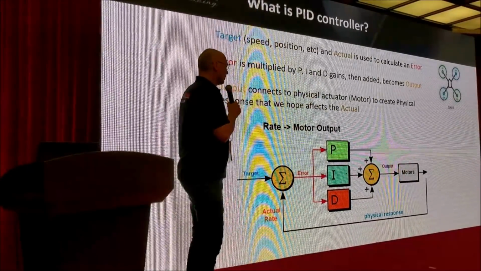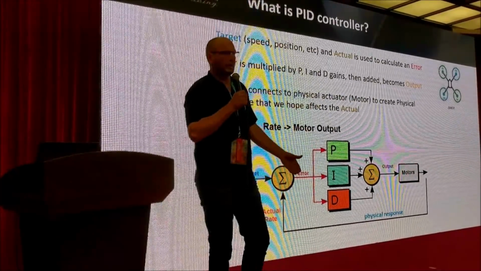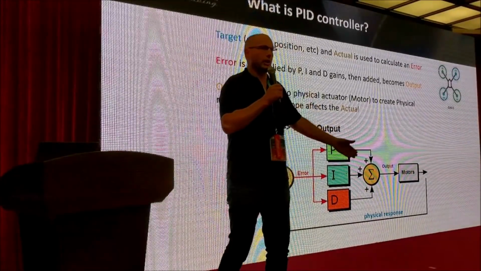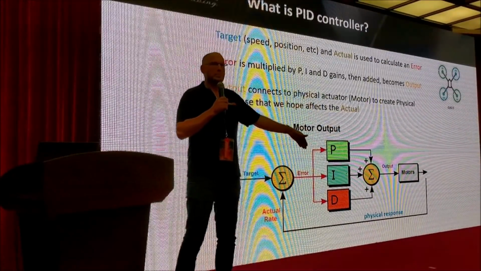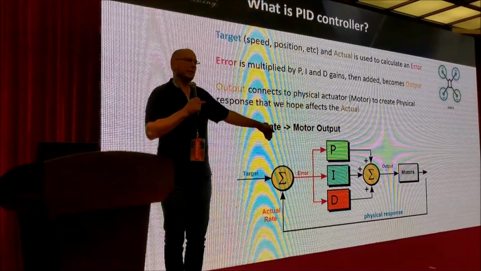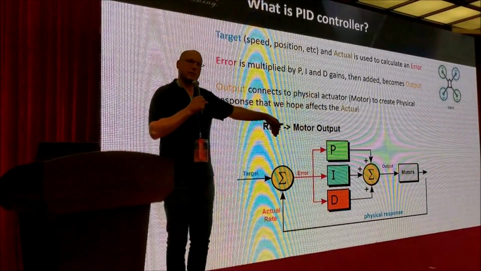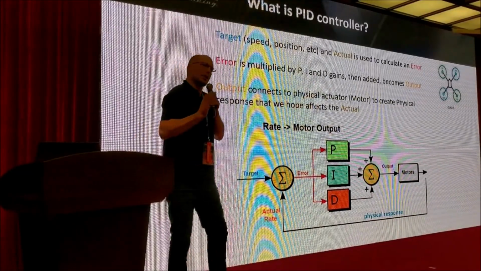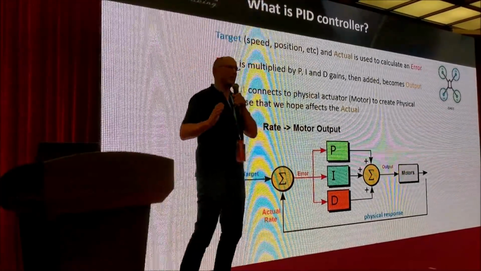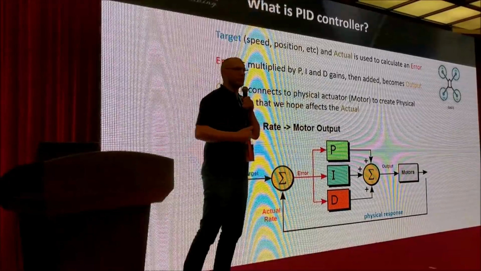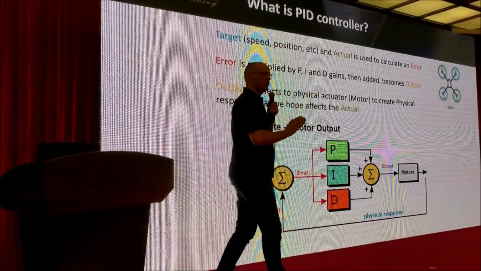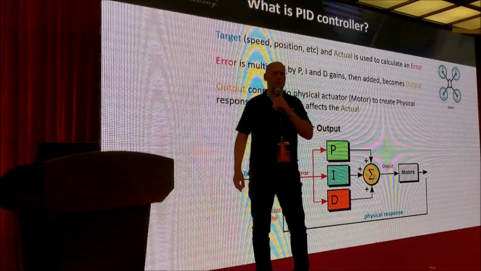Now, what that tells us is that the reaction to try and close that error is based on how long that error has been there. So if that error is there for a long time, I gradually push harder and harder until I finally overcome what's stopping me from moving, and I move in to close the error to where I want to be.